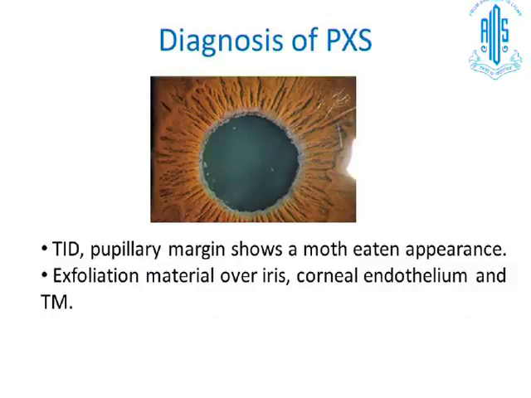Transillumination defects: contrasted to what you get in pigment dispersion, here you do not get radial defects, but you get defects at the pupillary margin. And these transillumination defects actually appear like a moth-eaten appearance. And you can get exfoliation material deposited over the iris, of course corneal endothelium and the trabecular meshwork also.